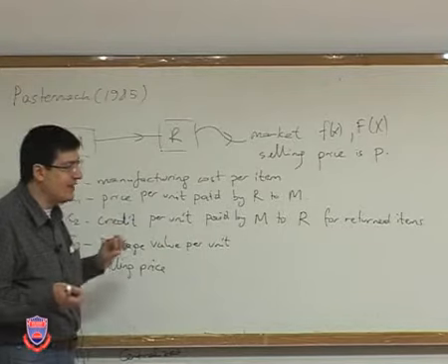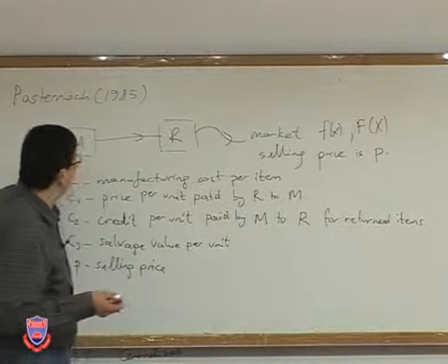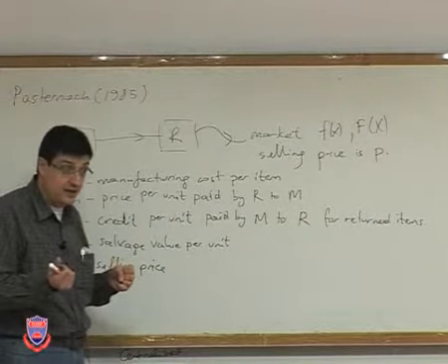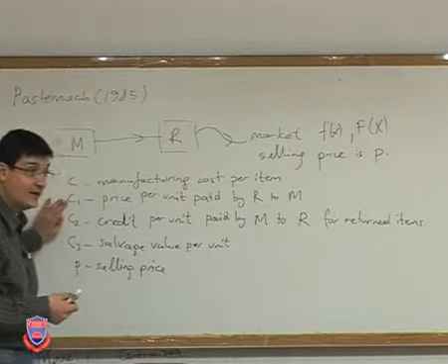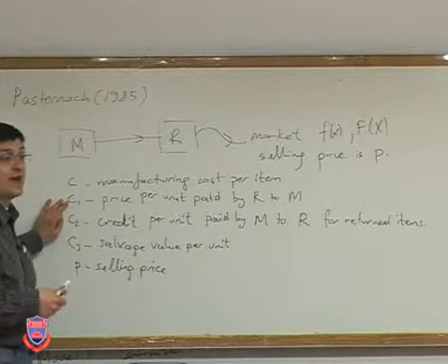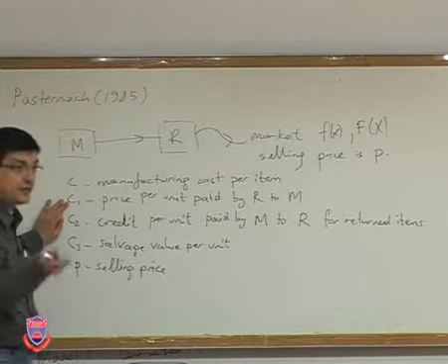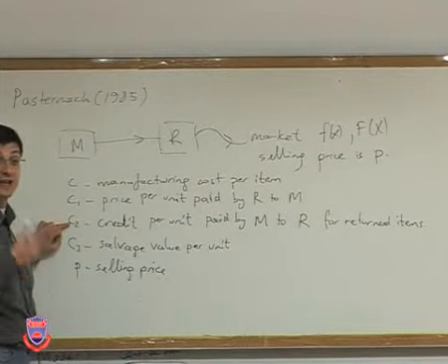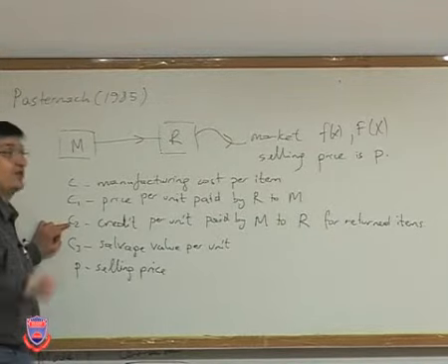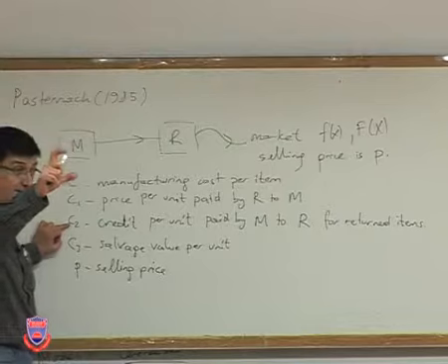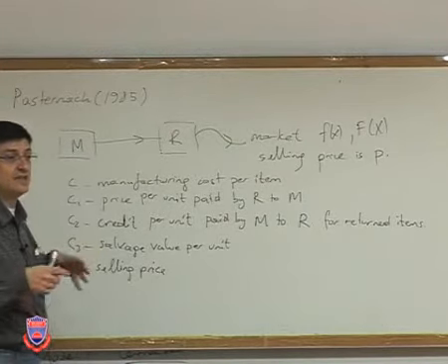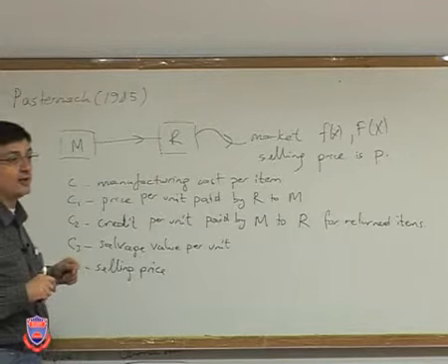In other words, in reality, M announces an R, the return percentage, announces a C1, this is called the price, this is called the transfer price, and announces C2, the credit that they are going to give for each returned item within the limit. And then the retailer sits down and decides for the optimal values.